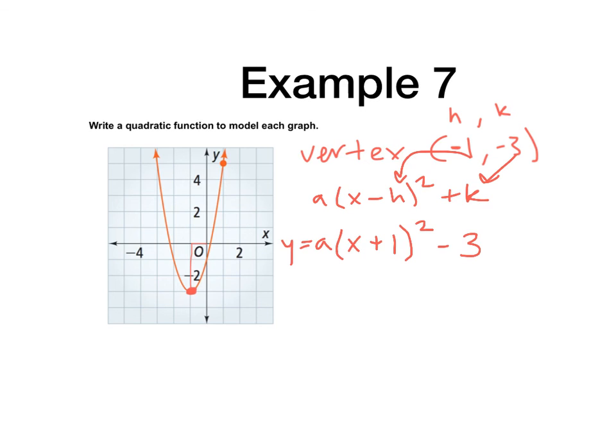We can plug in the numbers we have from the graph. So we have a point all the way up here, which is 1, 5. So we can plug in 1 for x and 5 for y.